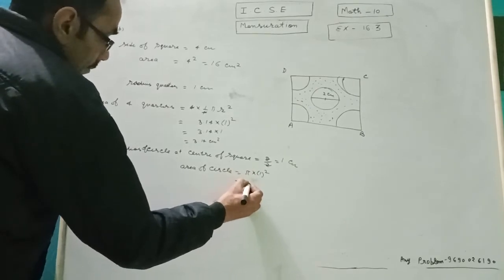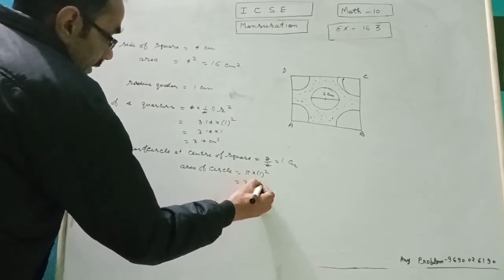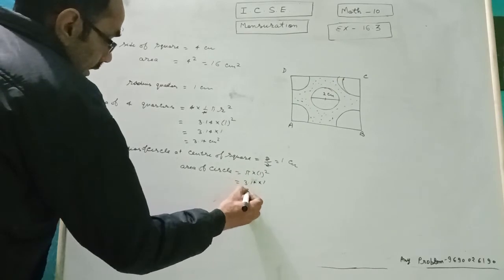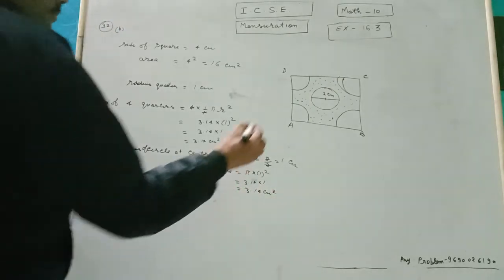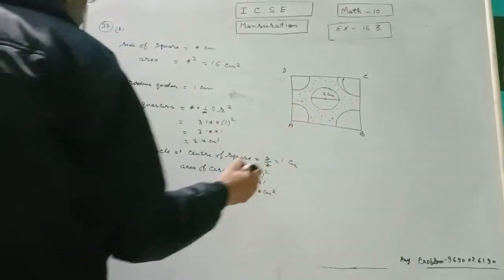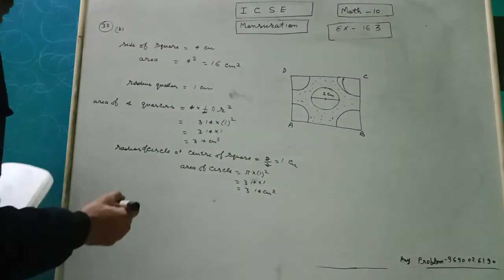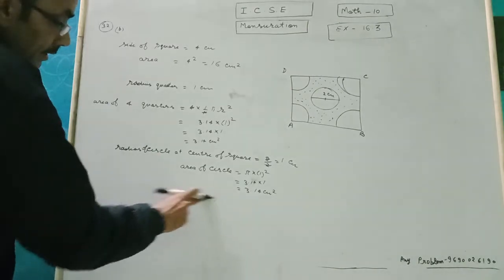Pi value is 3.14 into 1 square is 3.14 centimeter square. The area of middle circle.